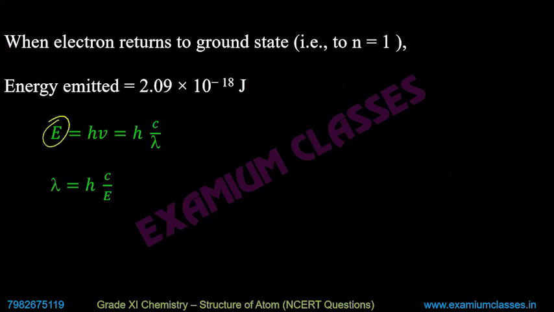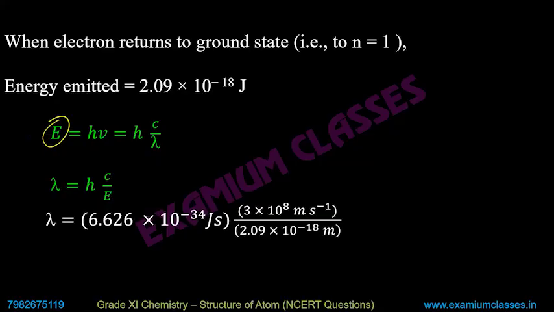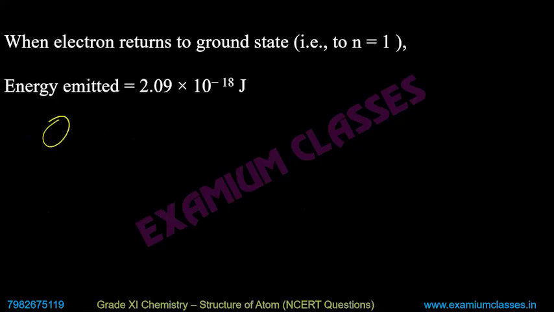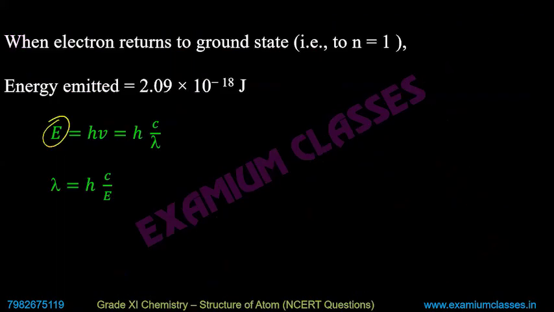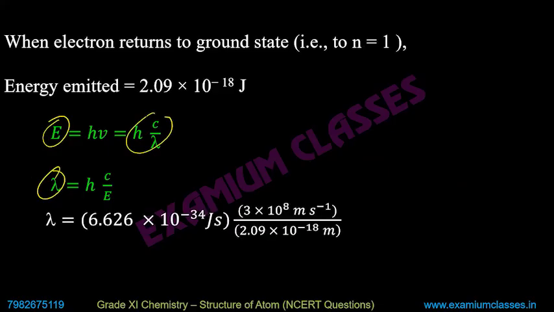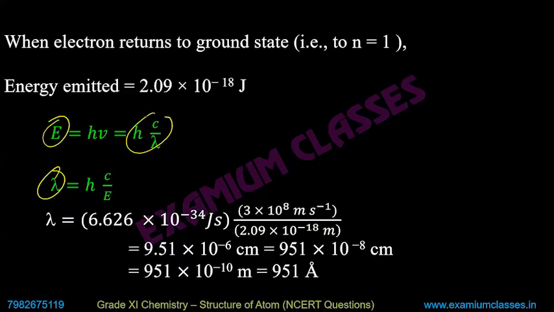So if you need to calculate the wavelength, you will use the same energy. E equals hc by lambda. So you need to use the same energy, 2.09 into 10 power minus 18 joules, to calculate lambda. E is equal to hc by lambda. From here lambda equals hc by E. Substitute the values, get the answer.